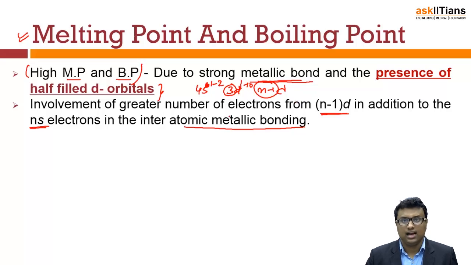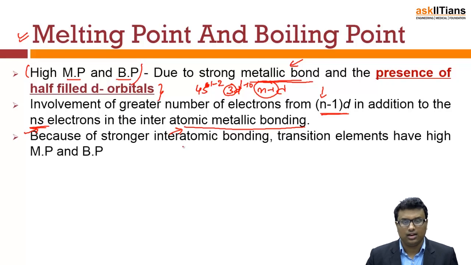As soon as you involve this greater number of electrons from (n-1)d in addition to ns electrons, the metallic bond is possible. If metallic bonding is possible, again as I already told, you have high melting and boiling points. So because of strong interatomic bonding, transition elements have higher melting and boiling points.